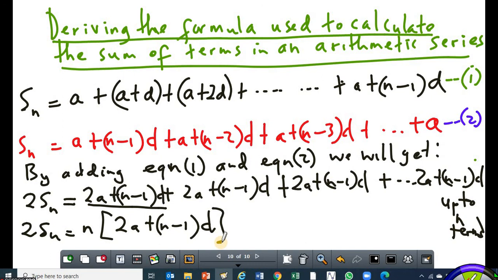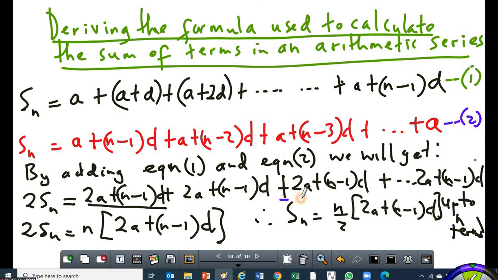Then you divide both sides by 2, and get Sn equal to n over 2 times (2a plus (n minus 1) times d). So this is the formula that you are going to use. I have derived it, which means I have shown you how to get the formula, and I'm going to talk about the system.